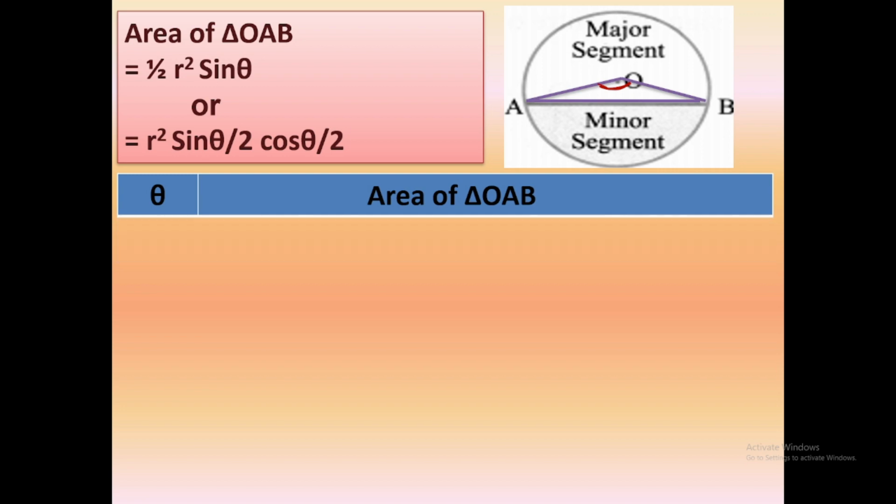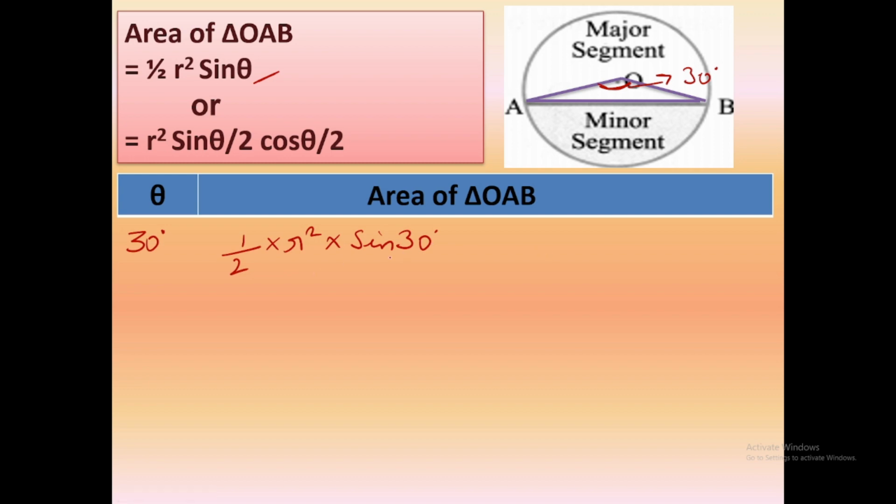So let me explain, then I will show. If theta is 30 and if we use this formula, half into r square into, in place of theta we will write sine 30. So you all know the trigonometric ratio, sine 30 is equal to half.